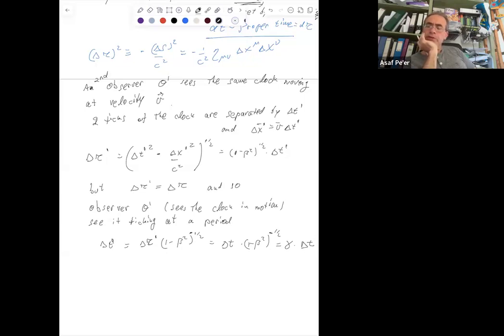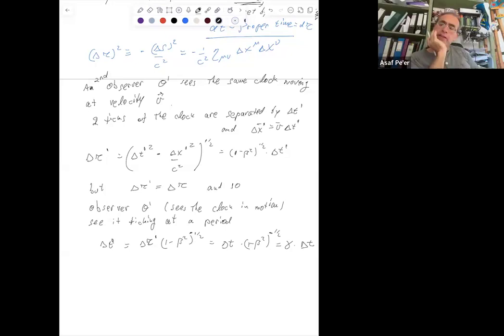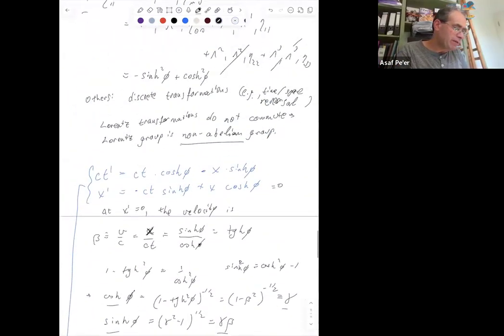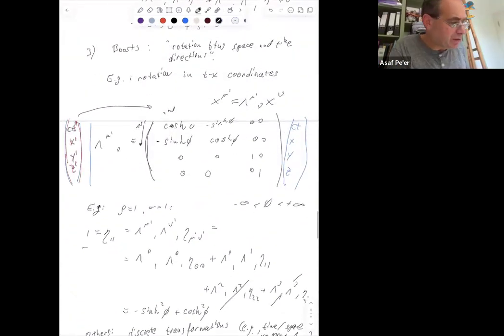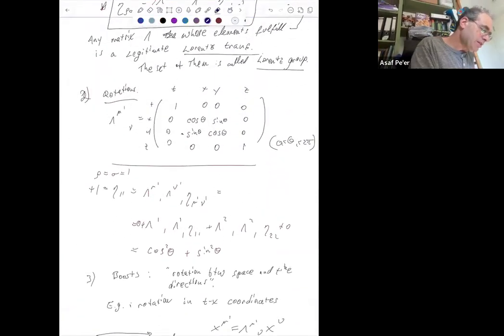Okay. Do you have any questions? Yeah. I'm still a little confused with boosting. What I really don't understand is what is being rotated. Coordinates, mathematically. It's like here, when you have the matrix, you're talking about the Lorentz transformation, which is a more familiar one.